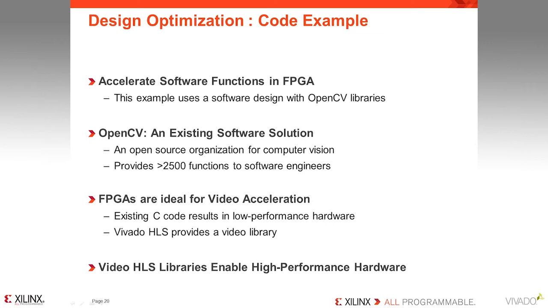The algorithm we're going to use today uses OpenCV functions. OpenCV is an open source organization for computer vision. www.opencv.org. It provides over 2,500 functions for software engineers to use who are working on vision algorithms. Okay? Because they're all there, many software engineers use them.